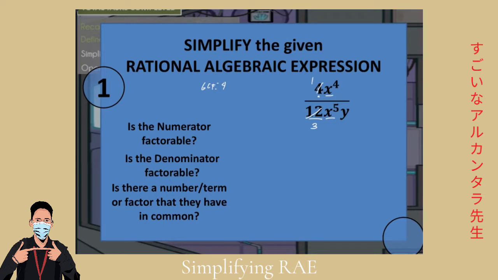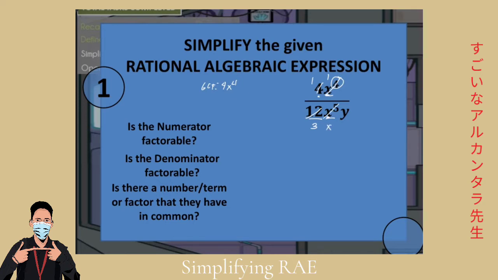It's pretty simple. Since they have the same variable, observe their given exponent. The lower exponent, or the lowest exponent, will always be the GCF. So in this case, it will be x raised to 4. So if you simplify x raised to 4 by x raised to 4, the answer is 1. x raised to 5 divided by x raised to 4, that's equal to x.